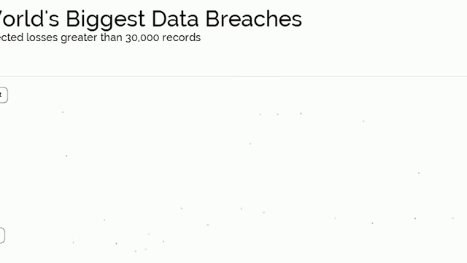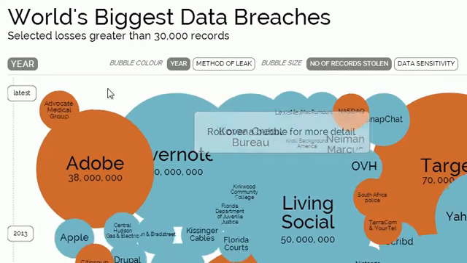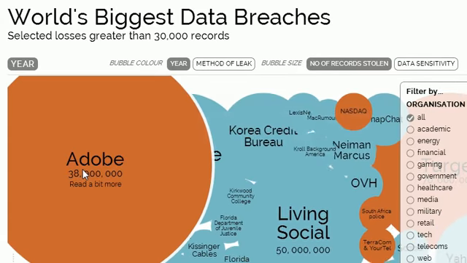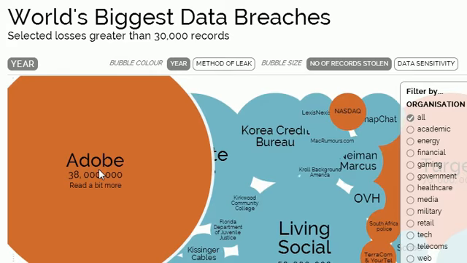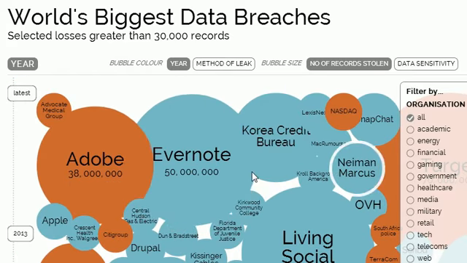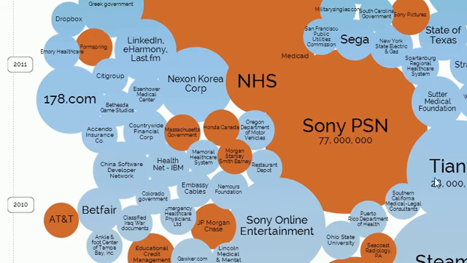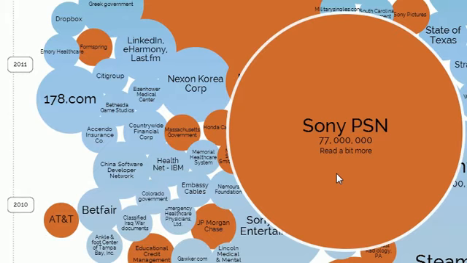This one, for instance, is the world's biggest data breaches. You can see that Adobe had a problem quite recently, Evernote as well. And then it's like a timeline. Maybe some of you can remember that Sony PlayStation Network was hacked a couple of years ago.